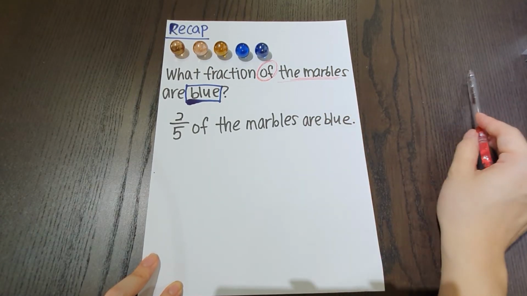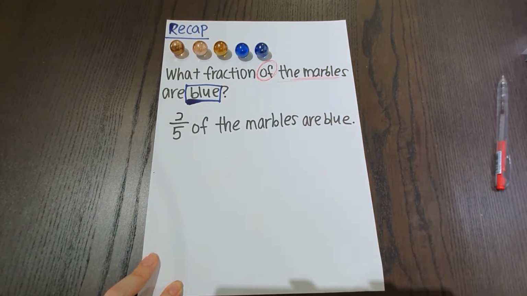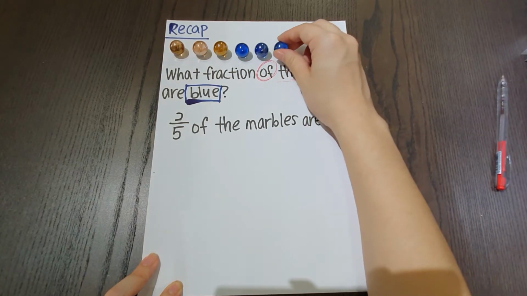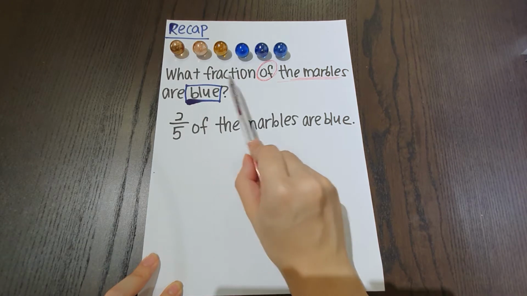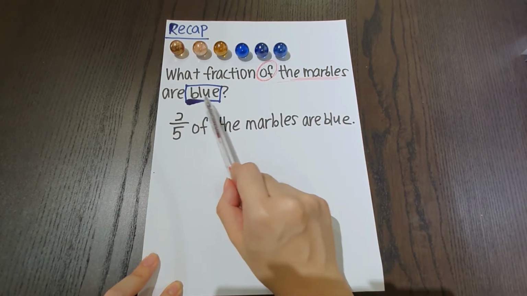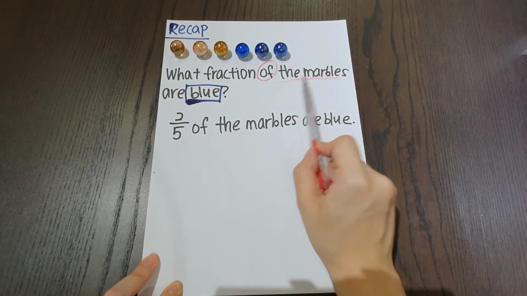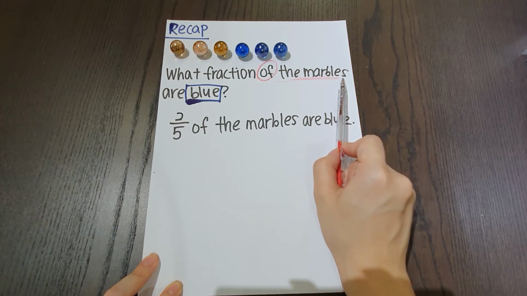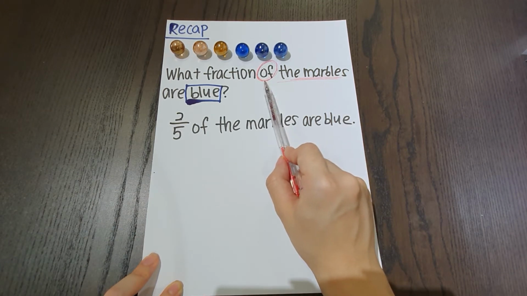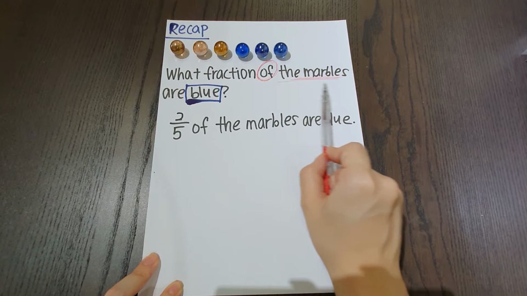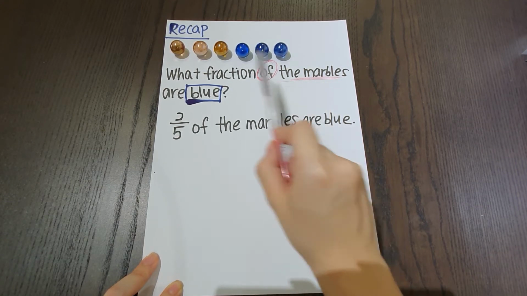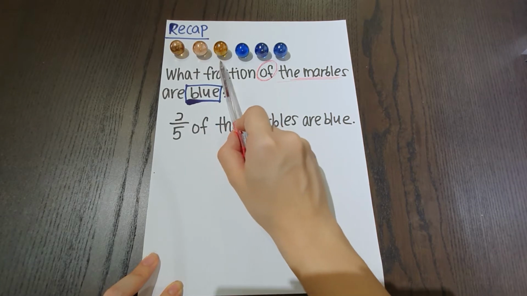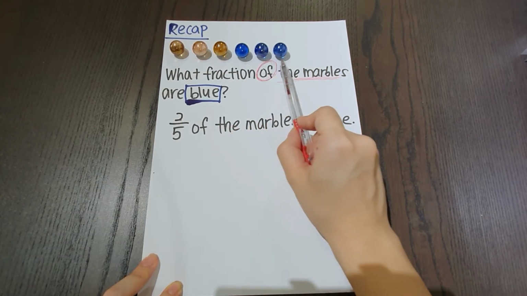After the word "of", the very next variable simply hints and tells you what your denominator is. What do I mean by that? If I were to add in one more blue marble and ask you what fraction of the marbles are blue, the marbles appears right after the word "of", which hints that the total marbles will be my denominator. So 1, 2, 3, 4, 5, 6.